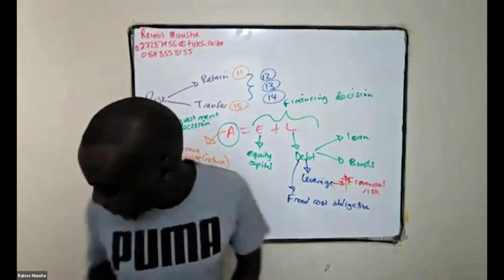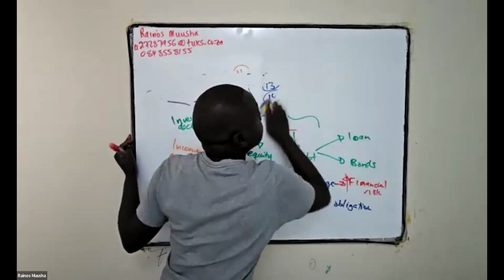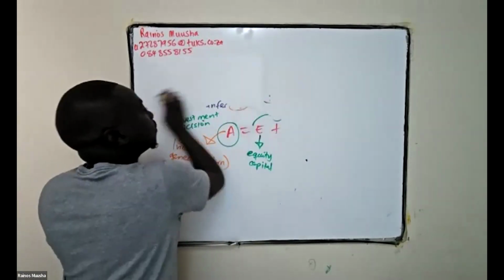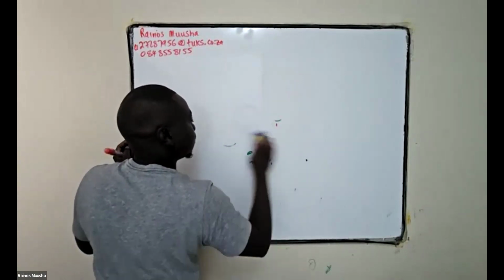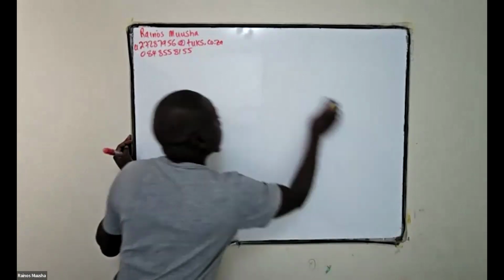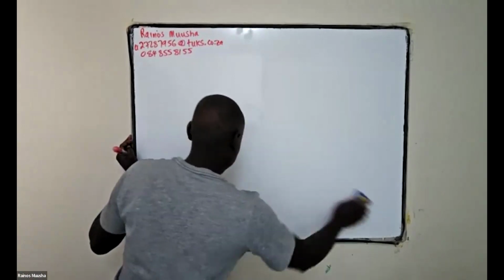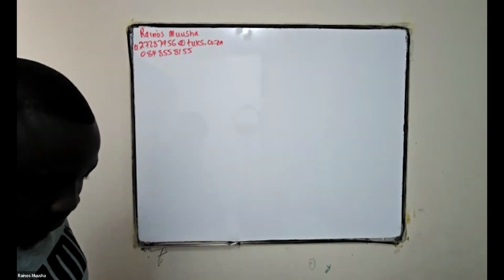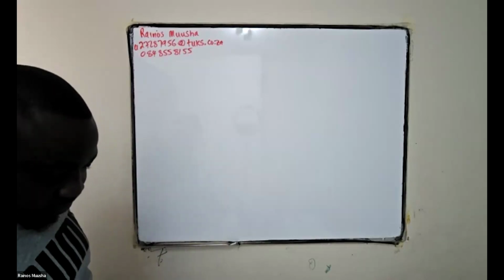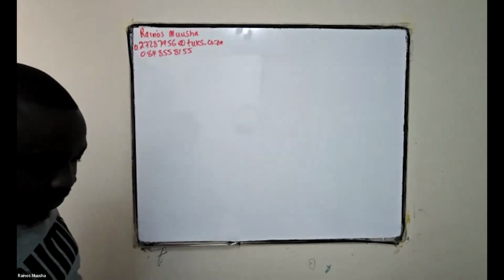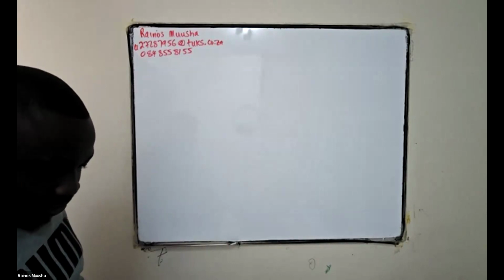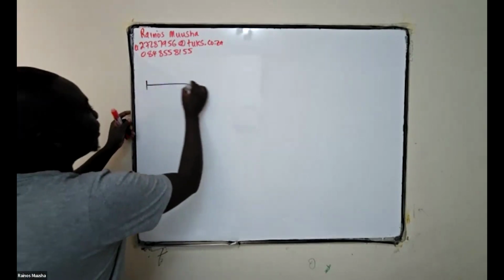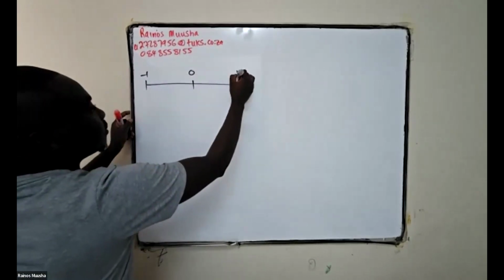When you look at correlation, we generally say the correlation coefficient varies between -1, 0, and +1.